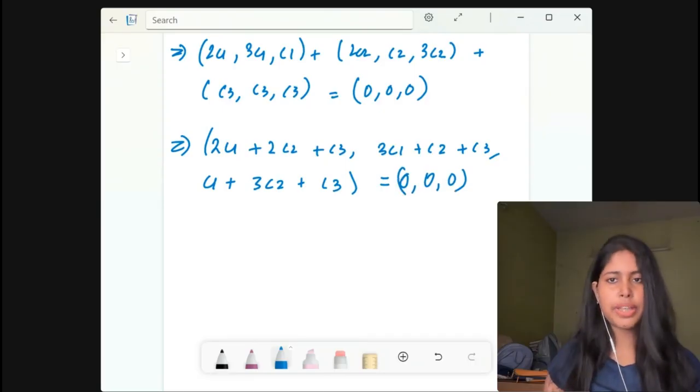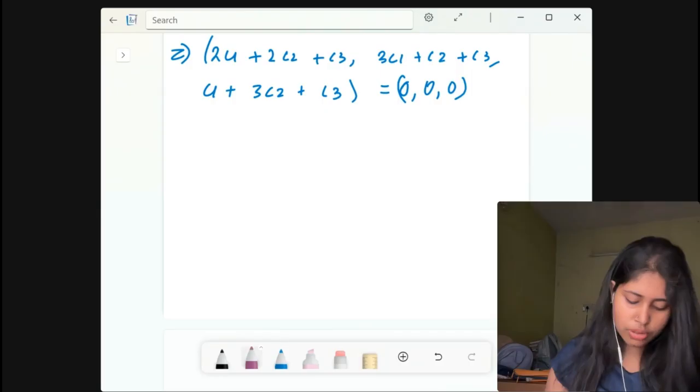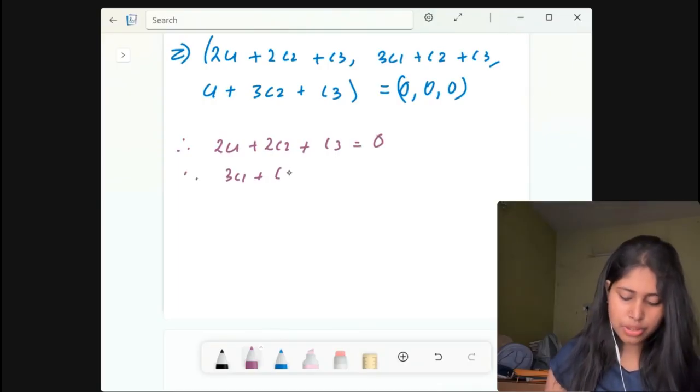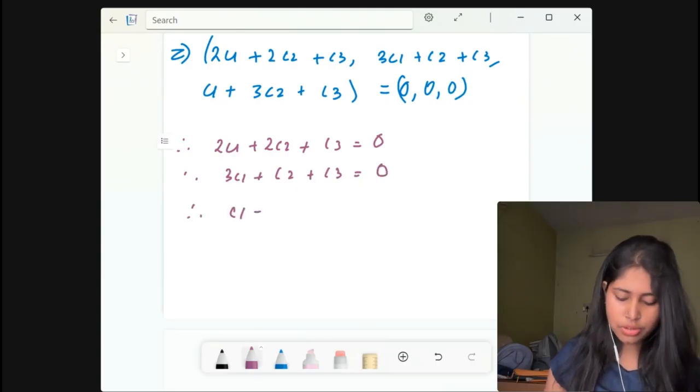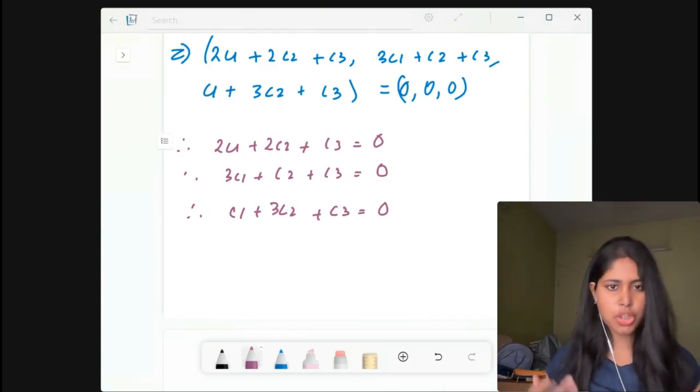So from here we can get three equations, right? Write it down carefully: 2c1 plus 2c2 plus c3 is equal to 0, 3c1 plus c2 plus c3 is equal to 0, and c1 plus 3c2 plus c3 is equal to 0. These are the equations we got.